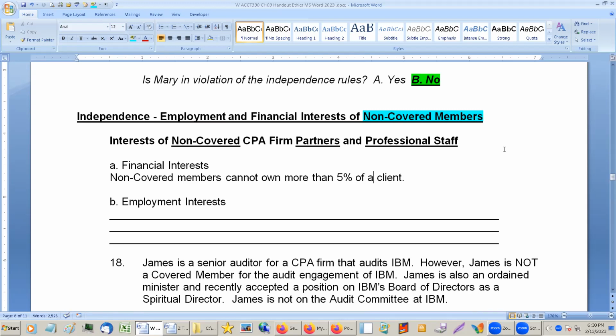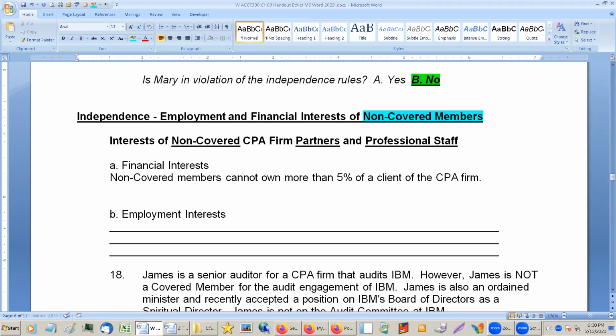But I should say, if so, the entire CPA firm is not independent. Okay. So financial interest.